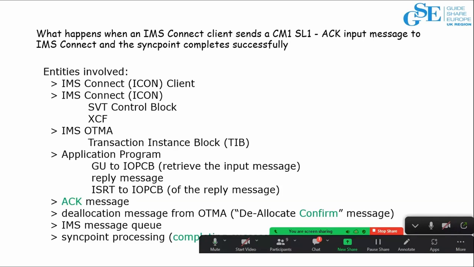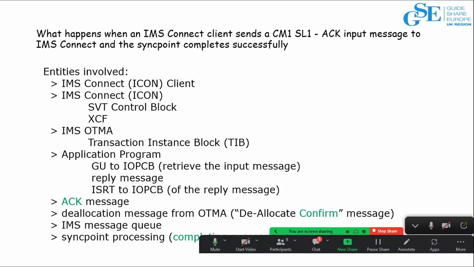So to start off, the IMS Connect client will send a CM1 SL1 input message to IMS Connect. After it receives the input message, IMS Connect will allocate a control block for the client, called an SVT control block. The control block is created if it does not already exist.